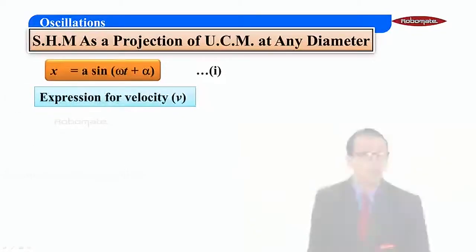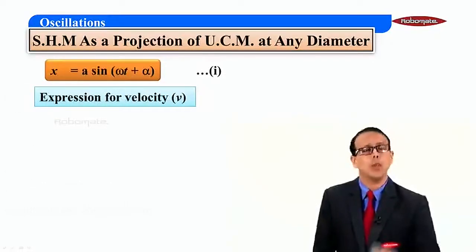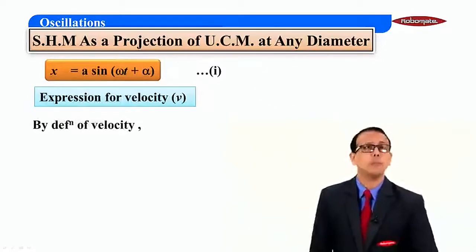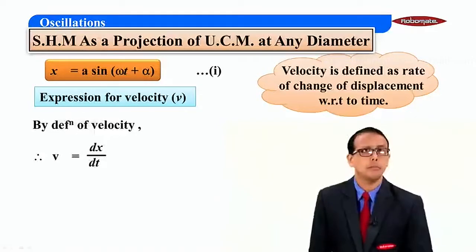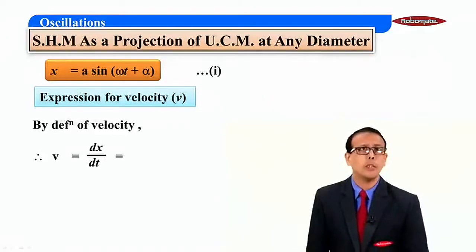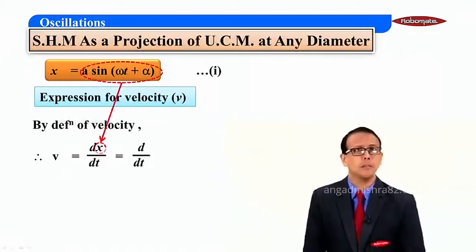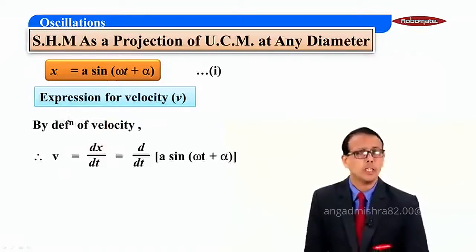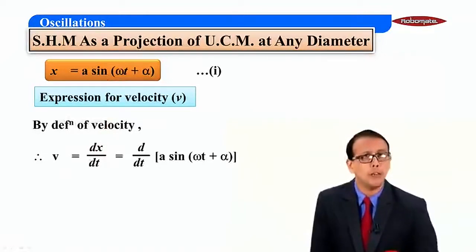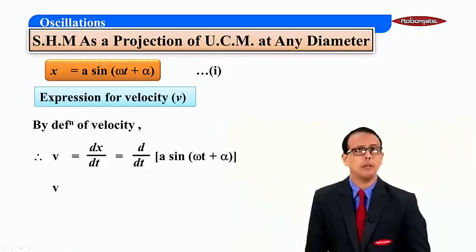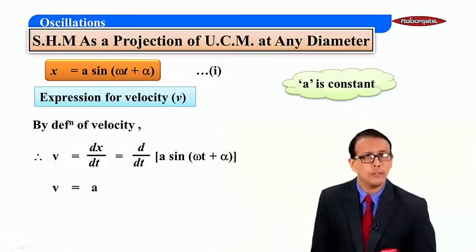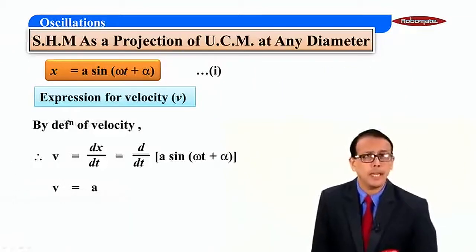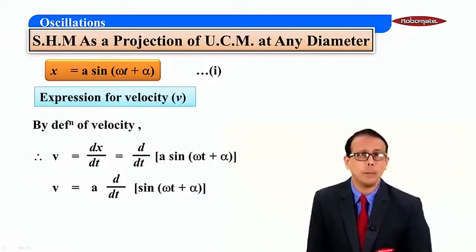Now, let's derive velocity. As we know, students, velocity is dx by dt, rate of change of displacement with respect to time. Now, let us substitute the value of x in the expression, and it becomes d by dt of A sine (omega t plus alpha). Let's take the constant outside of the derivative, and it becomes A d by dt of sine (omega t plus alpha).